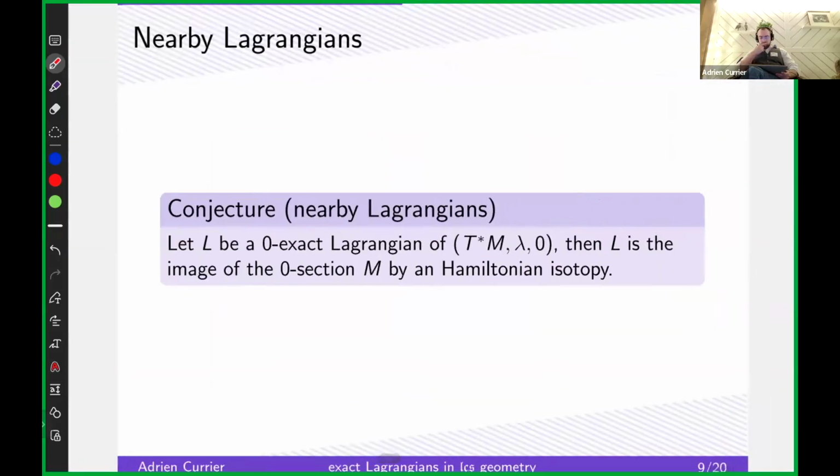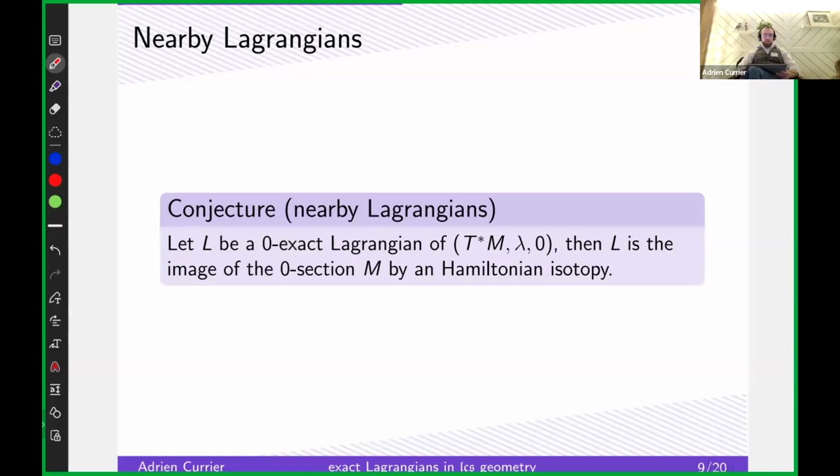Now, you're doing symplectic geometry, you're interested in exact Lagrangians, and so perhaps one of the most important questions that is still open is whether or not the nearby exact Lagrangian conjecture is going to be true. Bear with me for a moment, those are most certainly reminders for you, but there's a point to all of that.